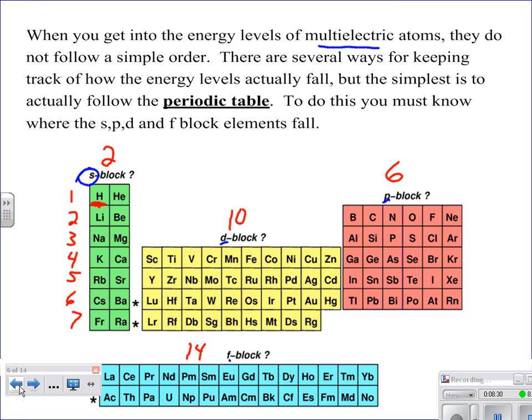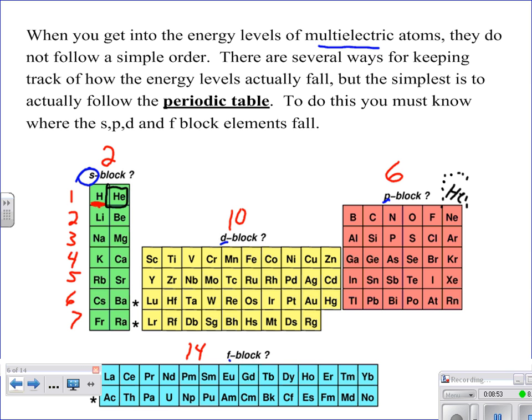Also notice the way this is set up, that on your periodic table, typically you have helium right here. Instead, we have moved it over to the S block. It fits nicely there for a couple reasons, so let's just go ahead and accept it as being there right now. So we know that we're going to have to take into account 2 electrons.